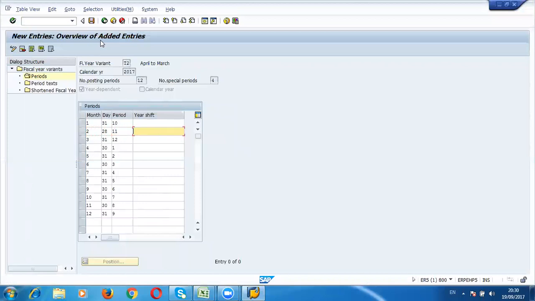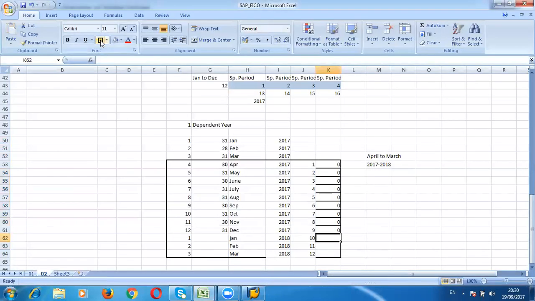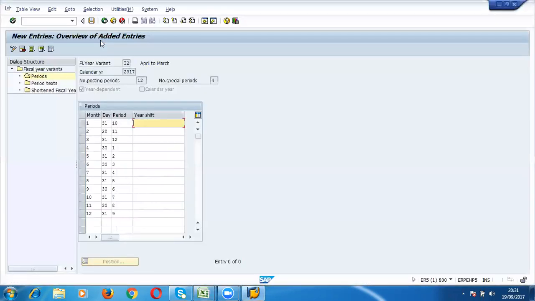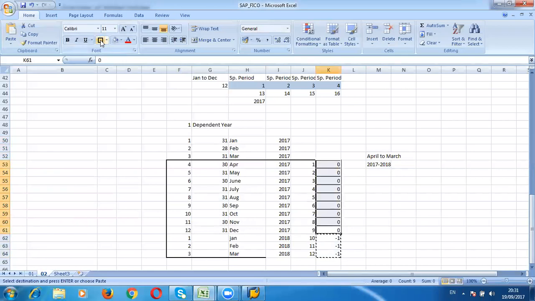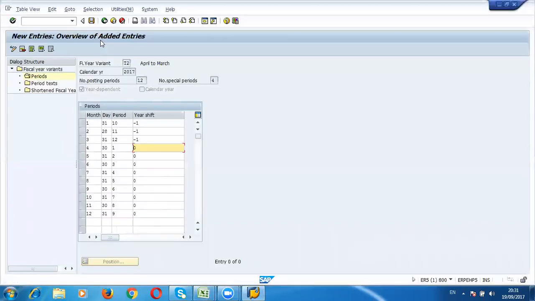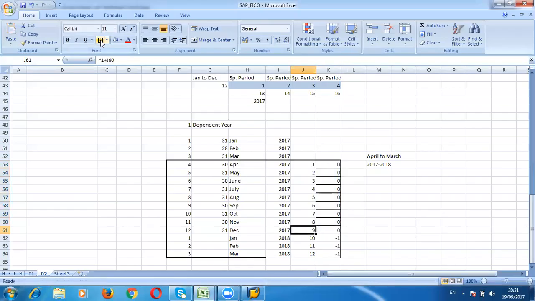That is not 2017, that is 2018. So in that case, we tell the system that it is 2018. How does the system consider that it is 2018, not 17? We tell the system with a minus sign here like this. So the system can understand that it is 2018 instead of 17.